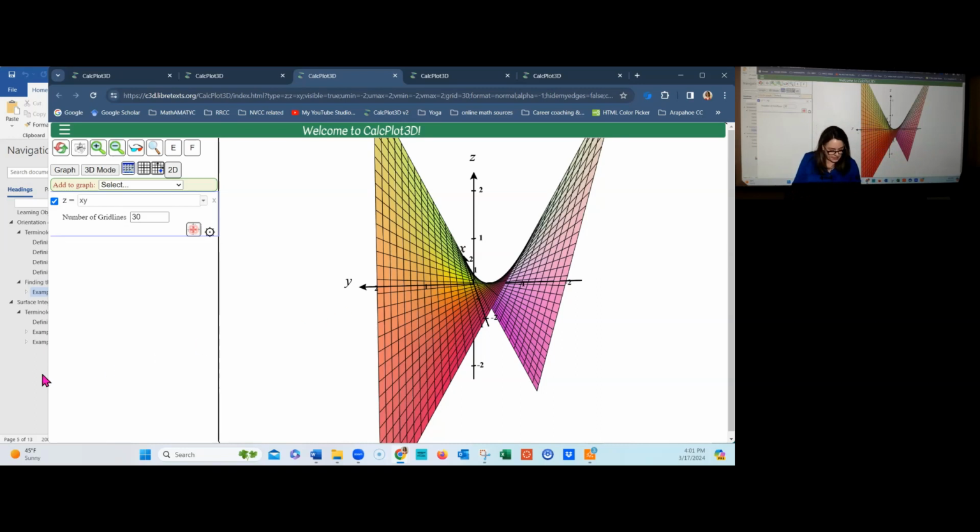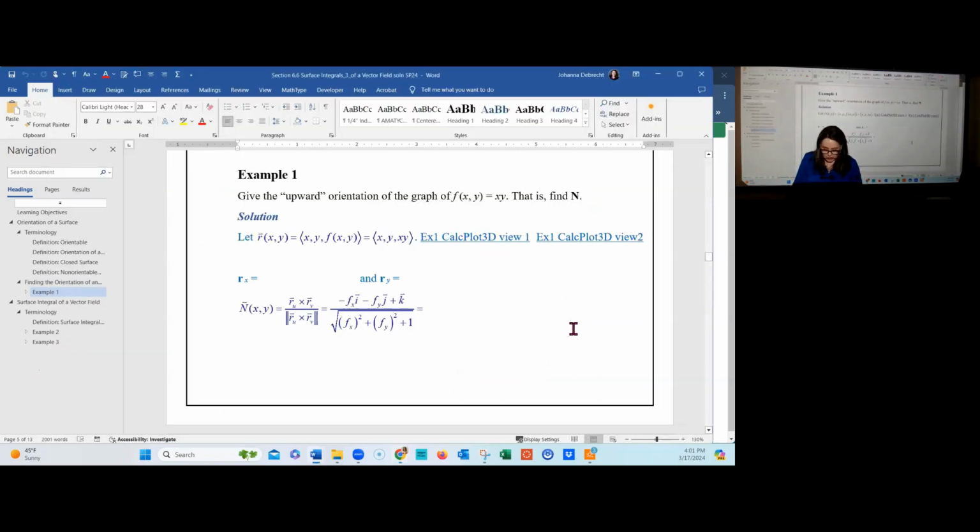Let's go ahead and take a look now at our parameterization and the formula. When we look at our parameterization, x, y, xy, or x comma y comma xy, we need to find the partial of the function, which is f equal to xy, with respect to x. Well, the partial would simply be y.